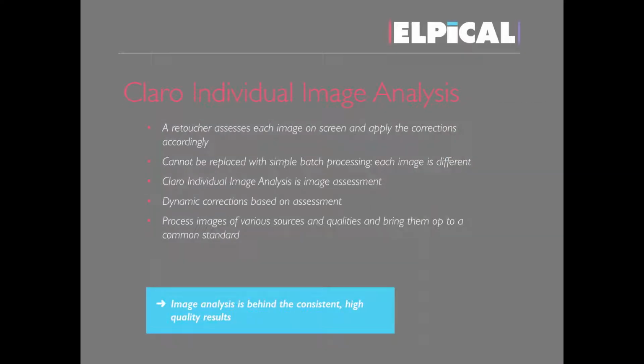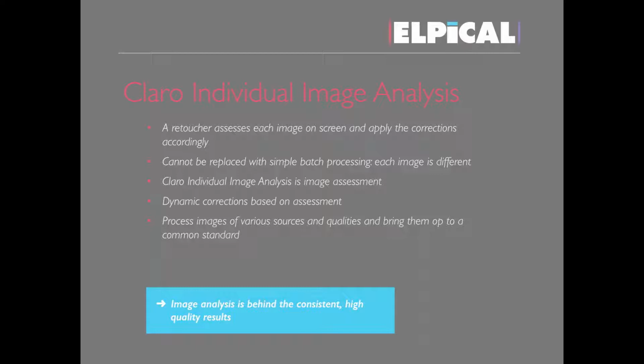I wanted to start with a couple of slides on Claro before we dig into the application itself. At the core of Claro is Claro's individual image analysis. With Claro, we always focus on the automatic correction. In order to correct, you need to be able to assess what the quality of the image is.